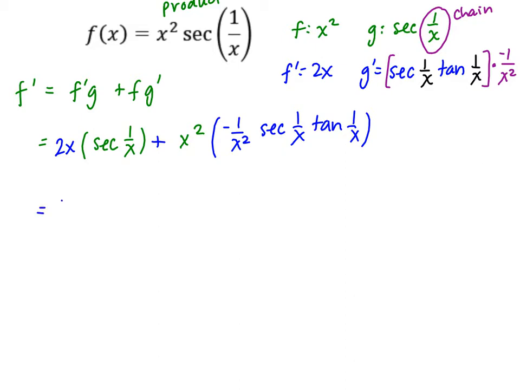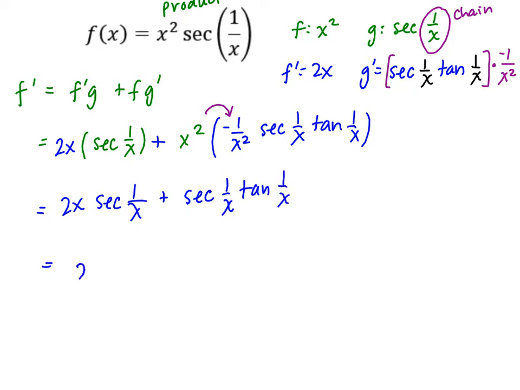And then clean it up. So 2x times the secant of 1 over x plus x squared times negative 1 over x squared. If we put that thing together, we have a 1. So just secant of 1 over x times the tangent of 1 over x.